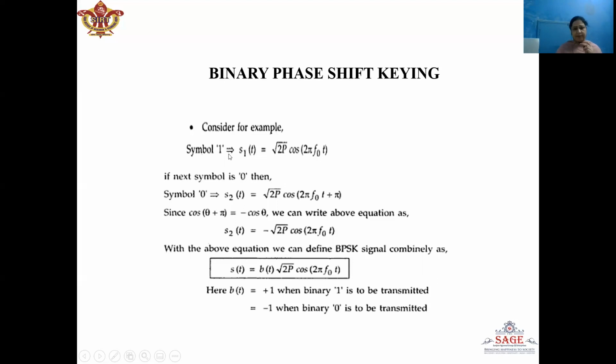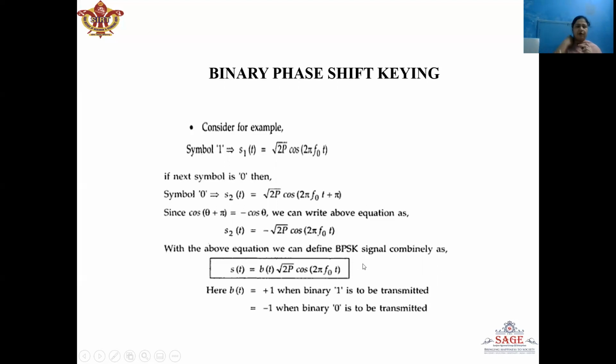But if the message signal is represented by binary 0, there is a phase shift of 180 degrees in the carrier signal. So we can write the modulated signal as √(2P) cos(2πf₀t + π). Now we know cos(θ + π) is equal to −cos θ. So s₂(t) is given as −√(2P) cos 2πf₀t.